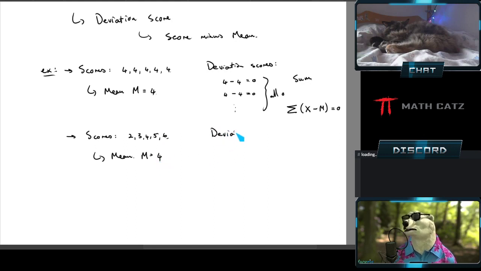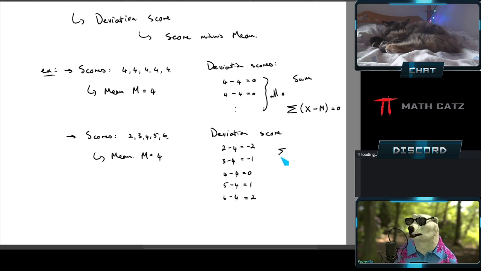So when we want to reference variability, these shouldn't be the same. But if I do the deviation scores, 2 minus the mean, 3 minus the mean, 4 the actual score, next score was 5, next score was 6. I'm just picking some easy scores so I can do it by hand, right? I get a deviation of -2, -1. I do get a deviation of 0 there, 1 and 2.